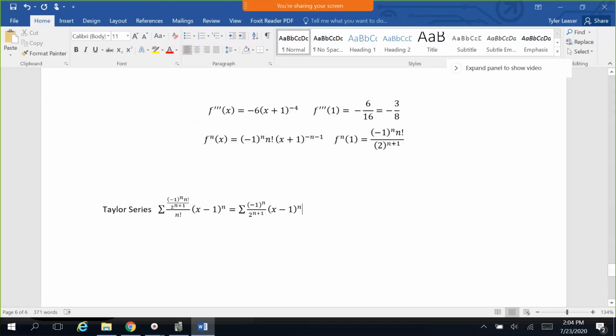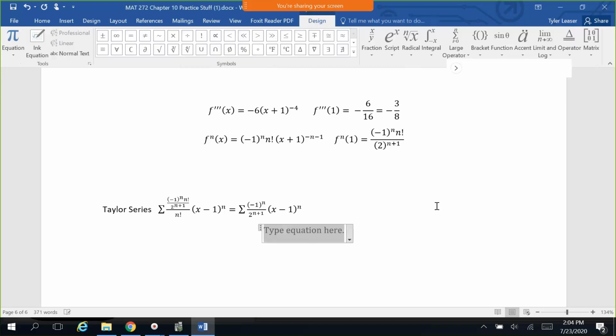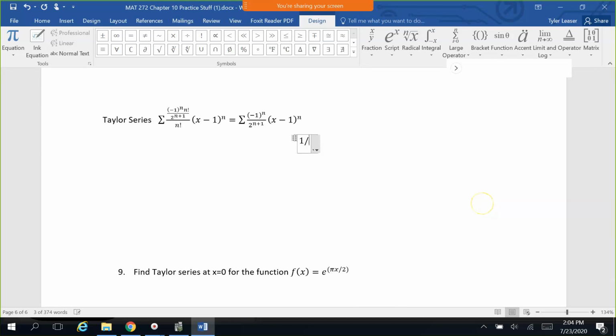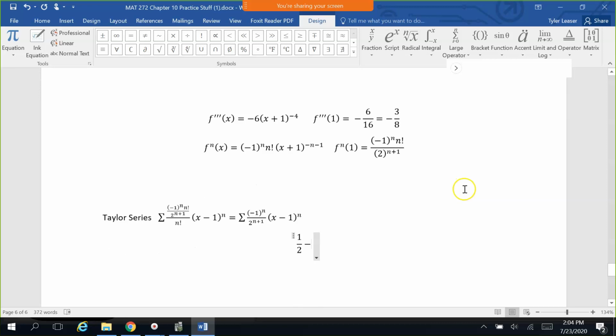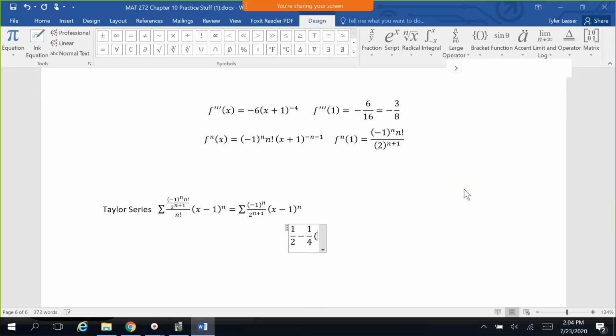If we did want to start writing out the Taylor series, it would be the first coefficient 1/2 minus the next coefficient was 1/4, and then that's going to have an x minus 1 on it, plus the next coefficient was 1/4, but that's also going to be divided by 2 factorial, which is 2, so 1/8, and then x minus 1 squared.